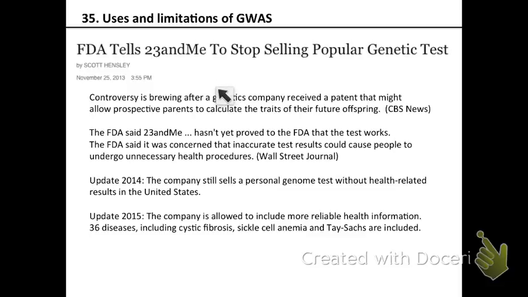But GWAS studies actually weren't that far along, and they're still not that far. Most GWAS studies tell you there's a SNP associated with a disease or a trait, but they don't know actually if that SNP causes the trait or how closely it's linked with that trait, right? So this company created a genetic test before that information was available, right?